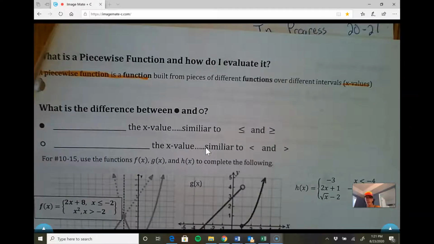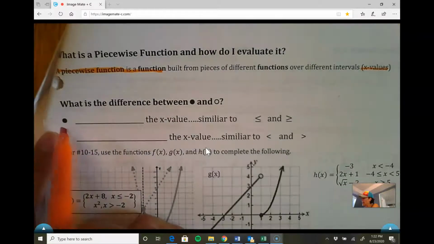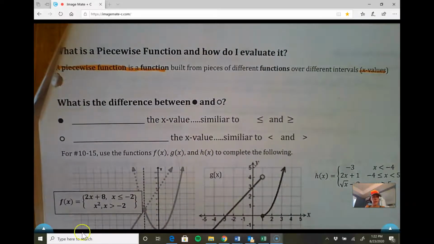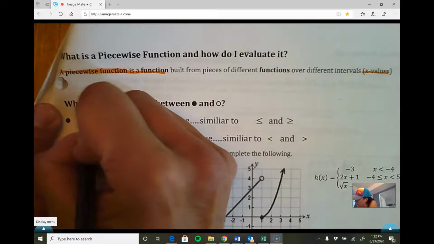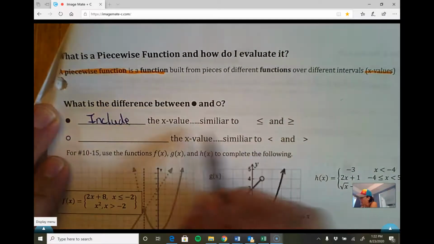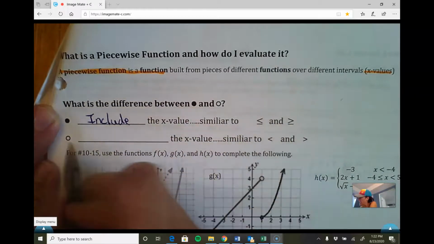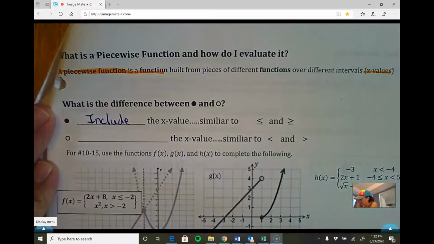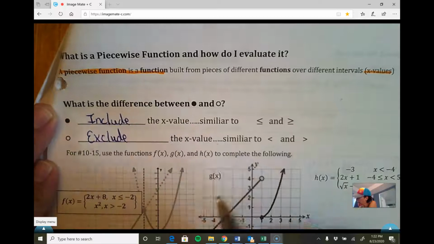So a couple things to think about as we do piecewise functions with evaluating, that if you see a closed dot, you will include the x value, and it's similar to less than or equal to, greater than or equal to. If you see an open circle, then you will exclude or not include the x value.